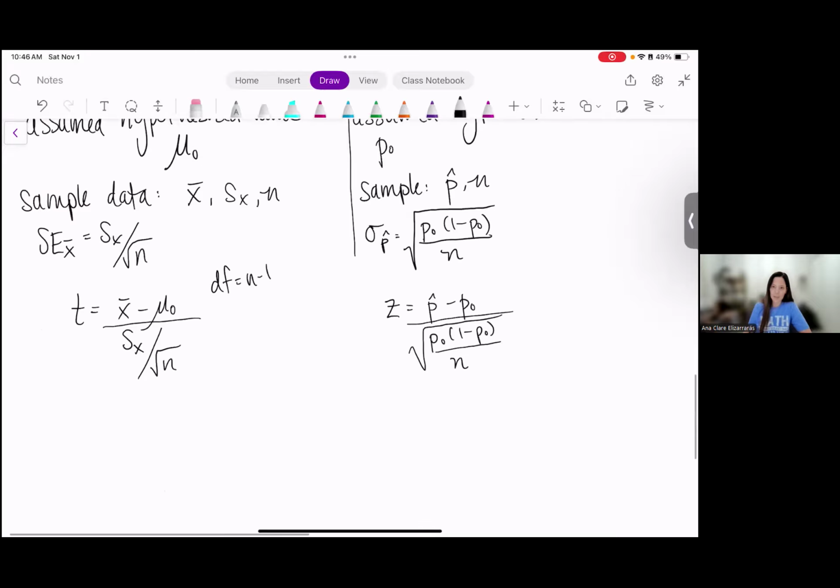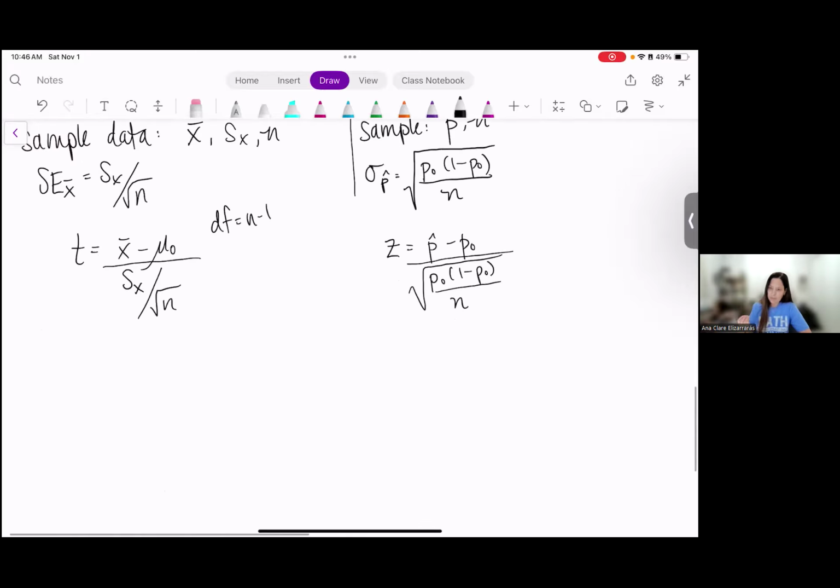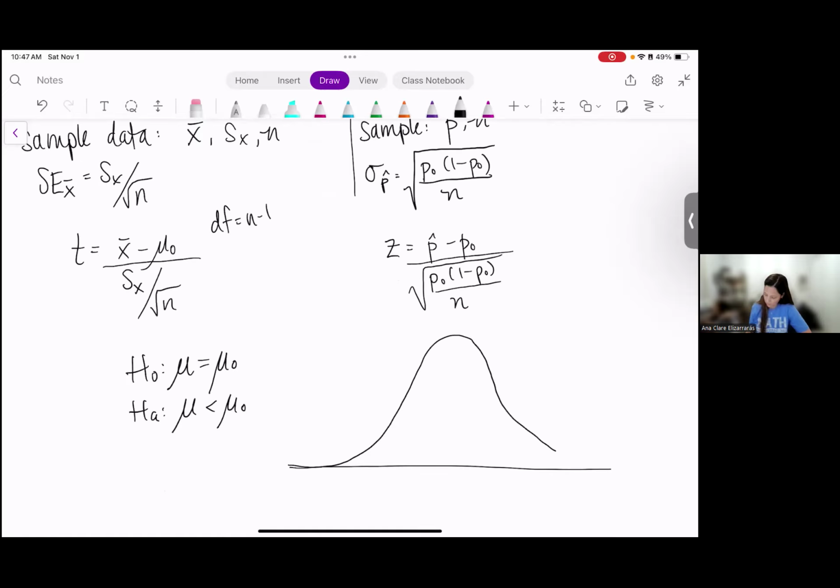But what's happening here? Let's say I have a null hypothesis of equality, and then I have an alternative hypothesis of less than. So I have this assumed value here.